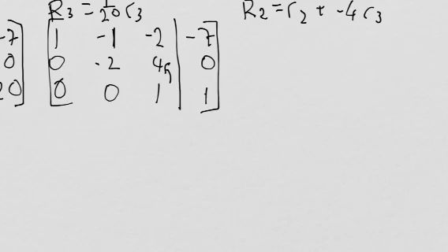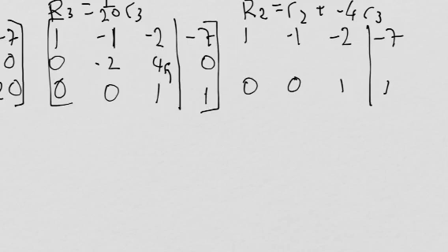Okay, so now I know that the first row is going to be the same. So 1, negative 1, negative 2, negative 7. Second row is the one that's changing, but third row is going to be the same. 0, 0, 1, 1.